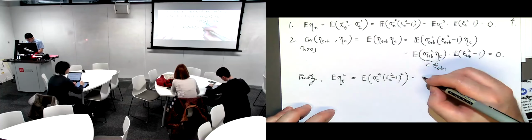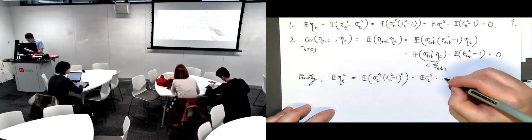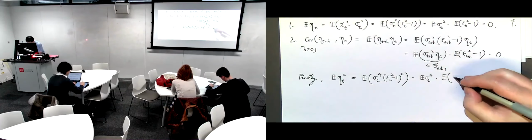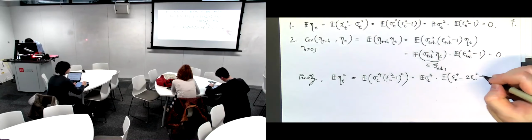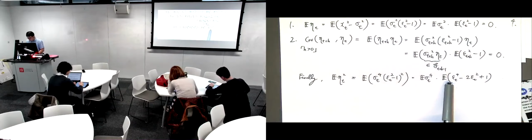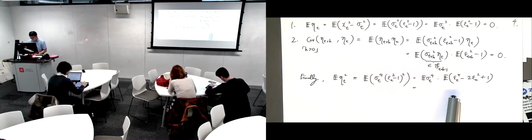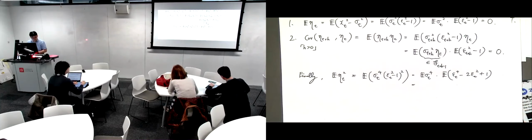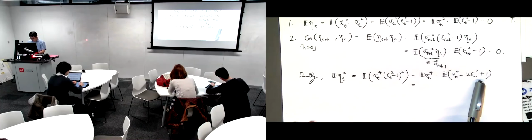This is at least independent of sigma_t to the power 4. So write it as an independent expectation, squared it, which is epsilon_t to the power 4 minus 2 epsilon_t squared plus 1. What is the value of this? Well, that's one thing you need to know for the Gaussian distribution, right? Epsilon_t is standard Gaussian. Standard Gaussian has fourth order moment equal to 3, right? So it's 3 minus 2 plus 1, that's 2.